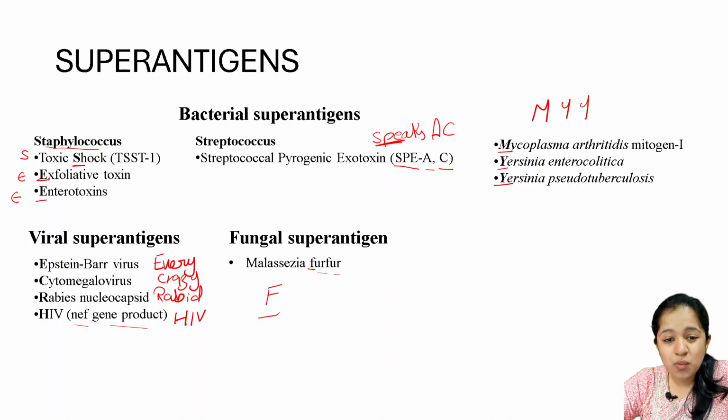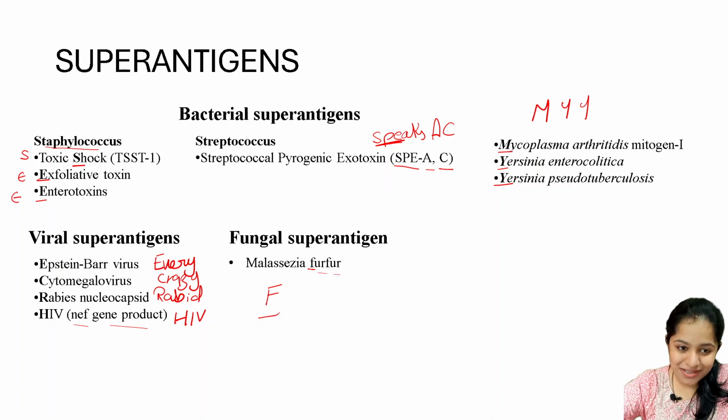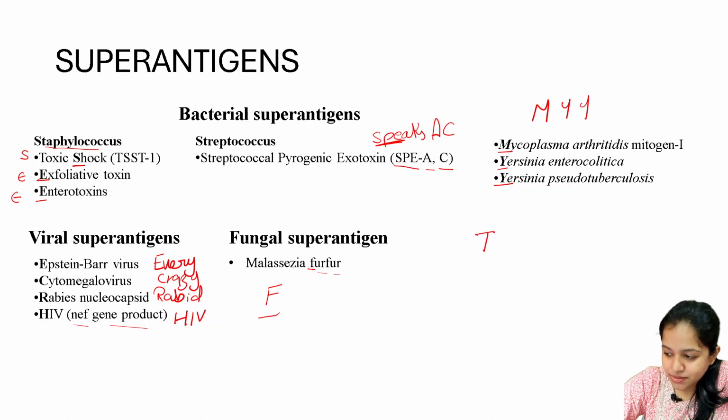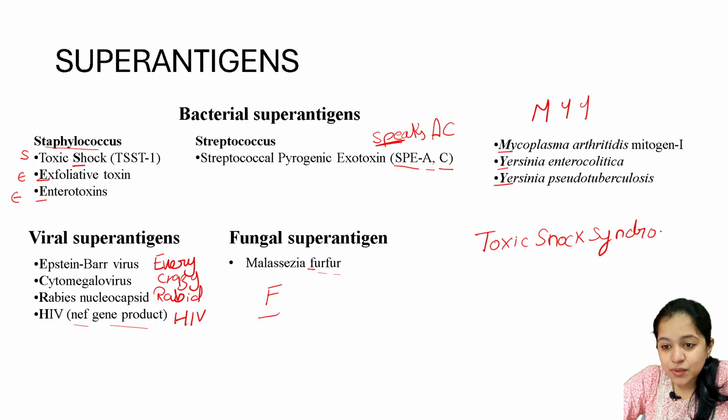Okay. Now, what was the disease the super antigen causes? For Staphylococcus, the TSST1 toxin, that is the toxic shock toxin, what disease will it cause? It will cause toxic shock syndrome. Clear? The exfoliative toxin, what disease will it cause? It will cause scalded skin syndrome.